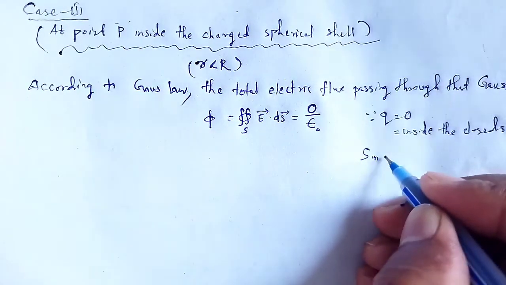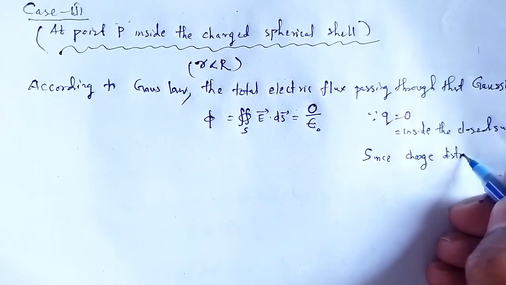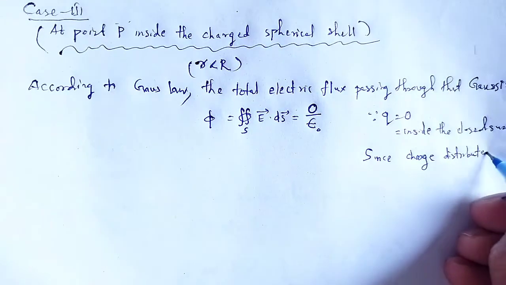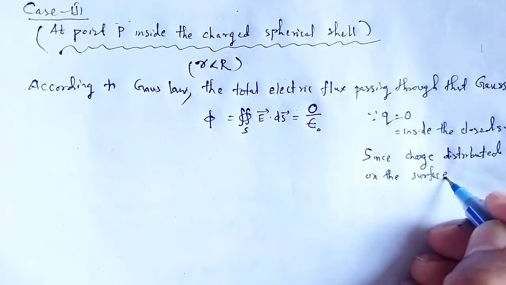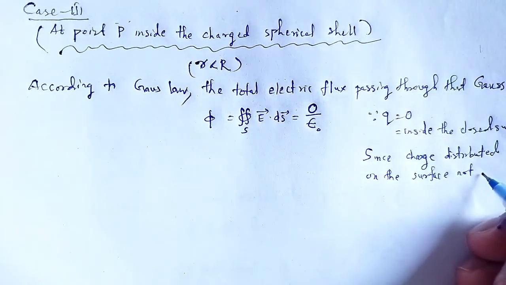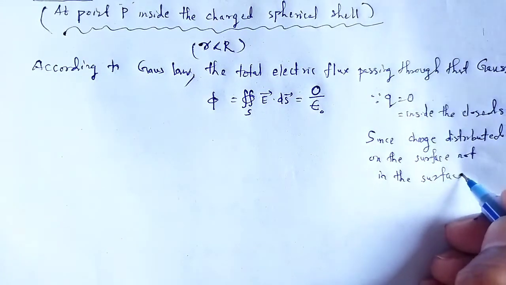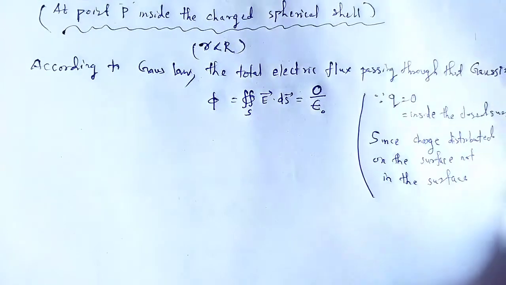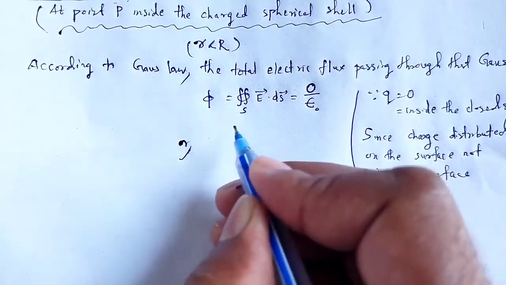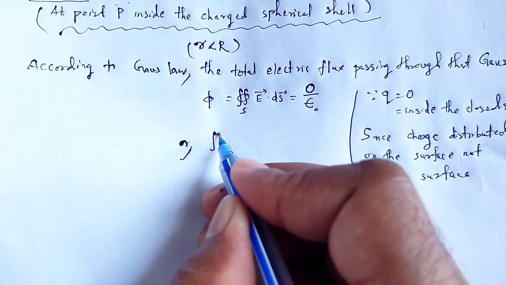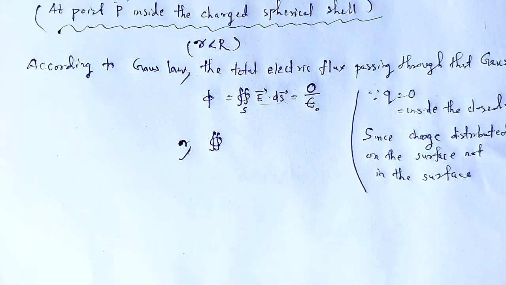Since the charge is distributed on the surface, not inside the surface, that is the reason the value of q will be 0. Here E dot ds, similarly these two are parallel, that is why the angle will be 0.